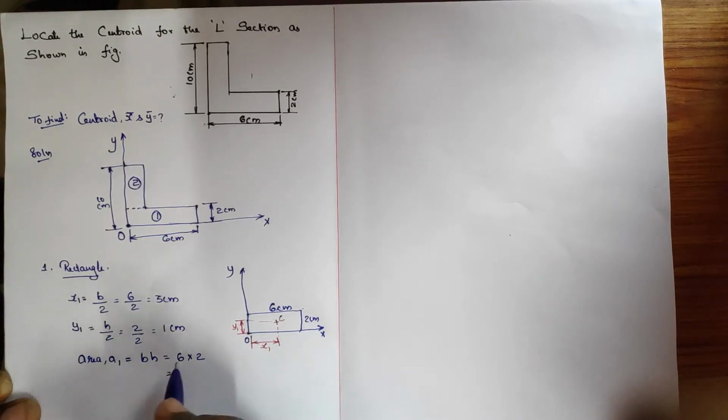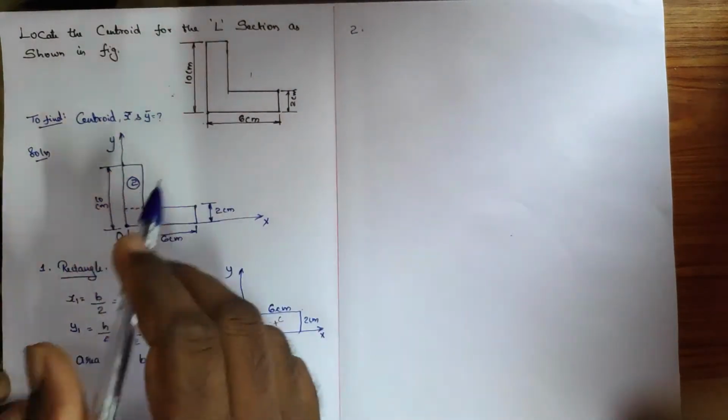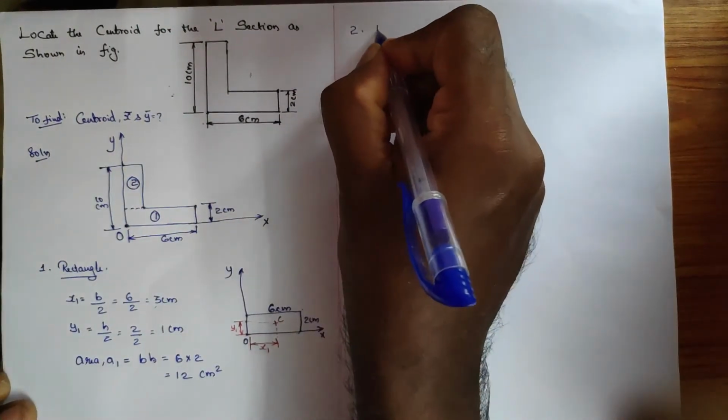What's the answer? 6 into 2 we get 12. What about the unit? Since we have taken all the things in centimeter, b into h is centimeter into centimeter, so the area will be centimeter square. Okay, just keep it in your mind: the SI unit for area is centimeter square. And move to the next part or next component. The second component is also a rectangle.